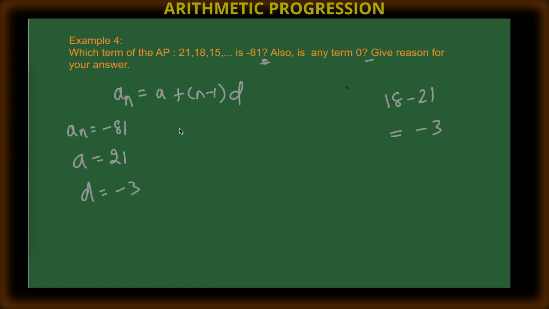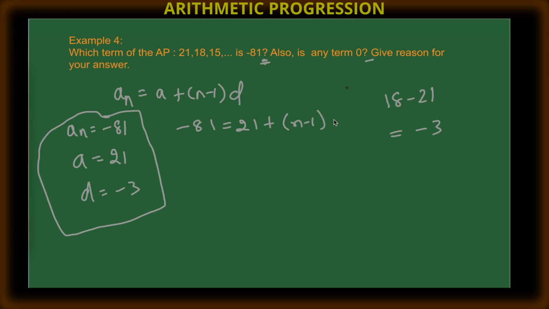So let's put it in. an, which is minus 81, is equal to a, which is 21, plus n minus 1 into d, which is minus 3. n is the one whose position we need to find. Minus 81, if it goes over here, becomes minus 21.